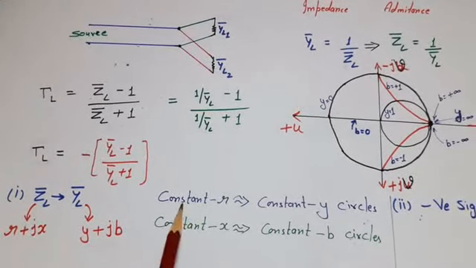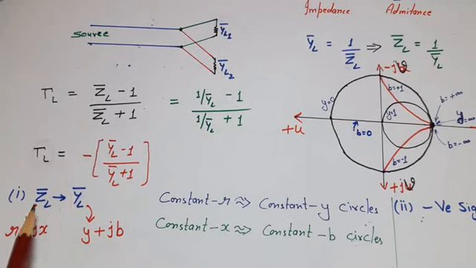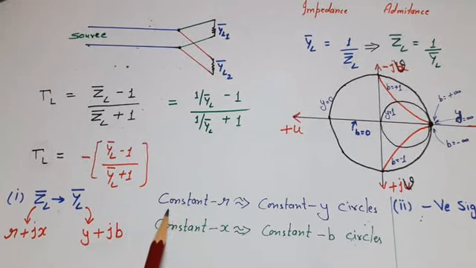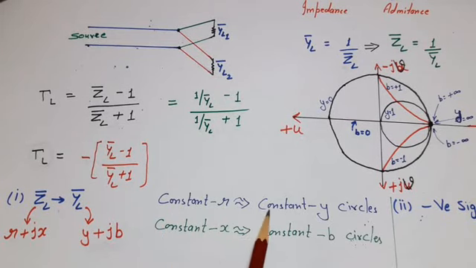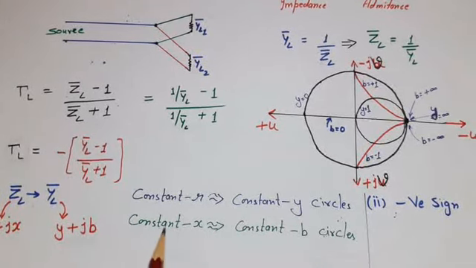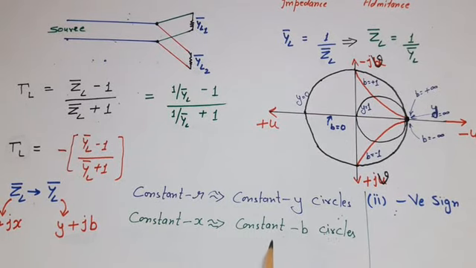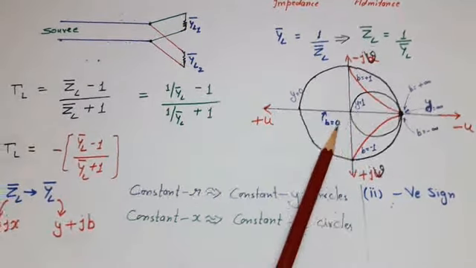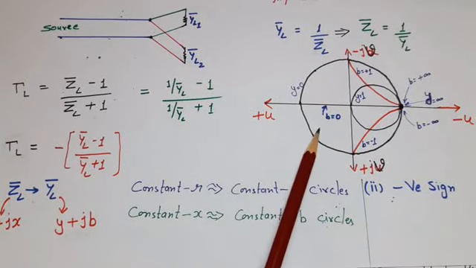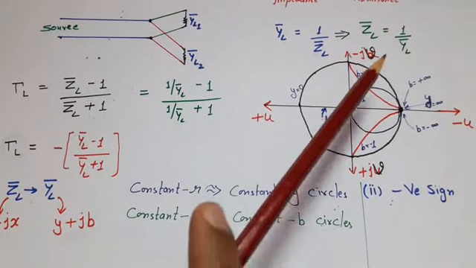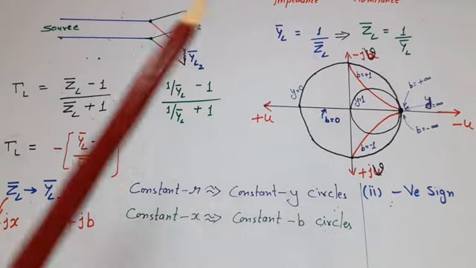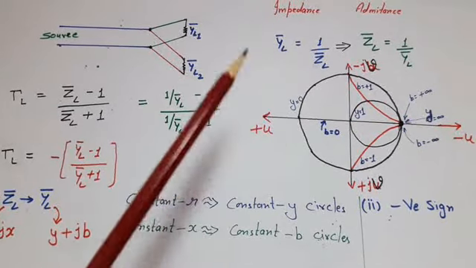But now as ZL bar is replaced by YL bar and YL bar is equal to Y plus JB, that's why those constant R circles will be represented by constant Y circles and those constant X circles will be represented by constant B circles. Smith chart will remain same, only the name of the circles will be changed. And now obviously the intersection point of constant Y circle and constant B circle will define any normalized admittance.